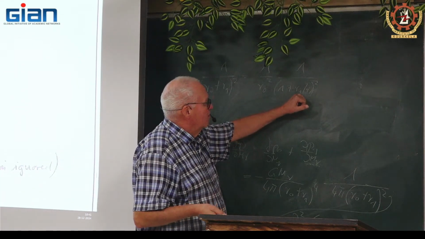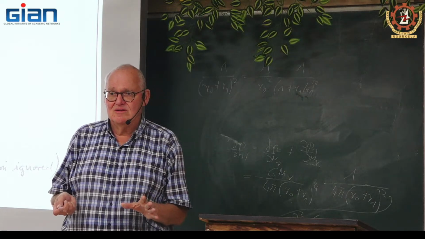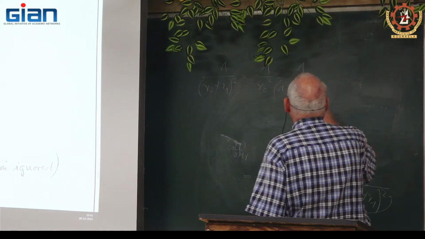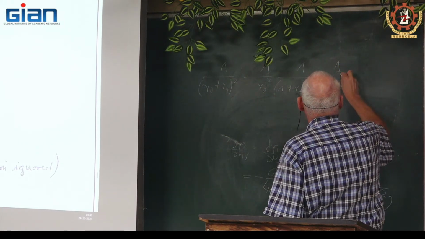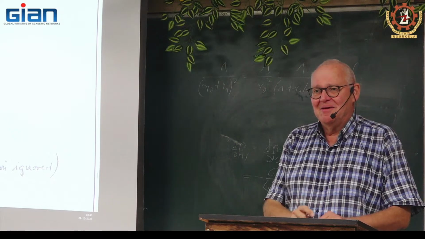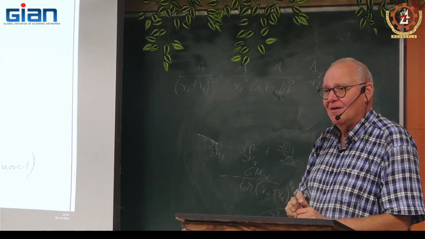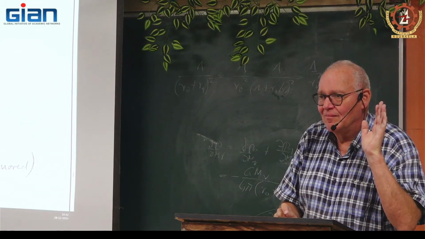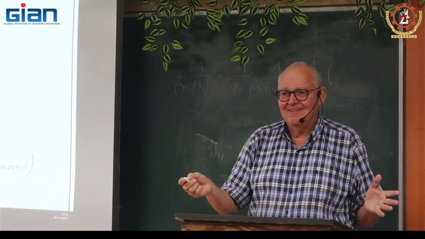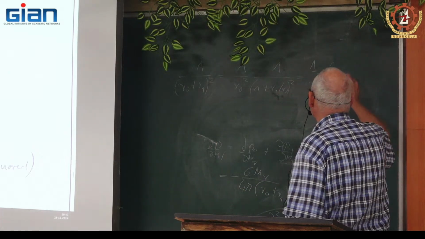That means r1 over r0 is small compared to unity, so we can expand this quantity around the value 1. So this is 1 over r0 squared times what is 1 over (1 plus r1 over r0) squared. How does the power series go for this quantity? 1 minus 2 r1 over r0, yes. That's known to everybody? You're familiar with that? Okay, so I don't need to explain. This is a simple Taylor expansion.